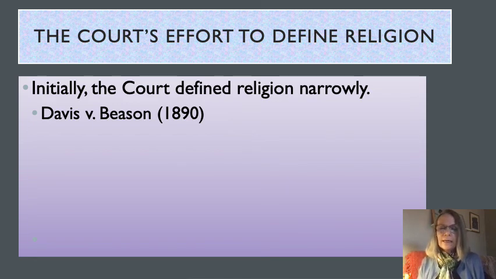Beeson from 1890. This is a case that has to do with a Mormon. Samuel Davis was a member of the Church of Jesus Christ of Latter-day Saints, also known as Mormons. And Mormonism is a relatively new religion. It's an American religion.